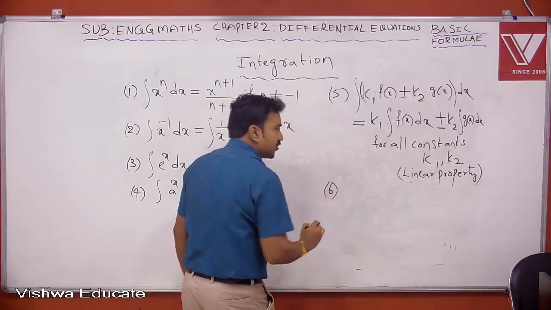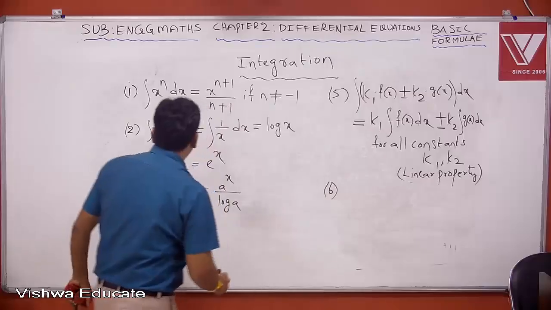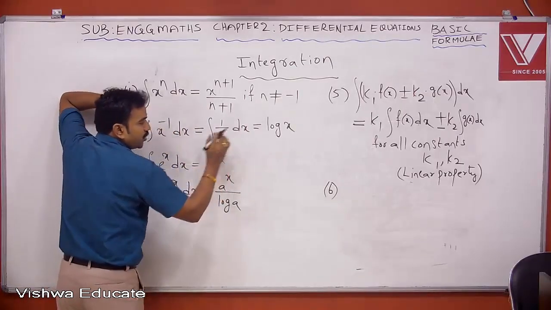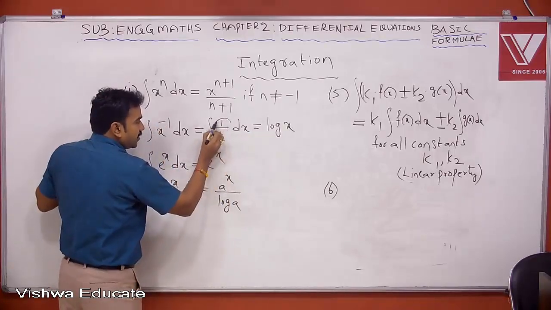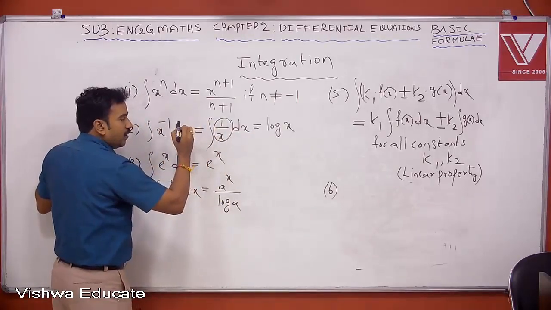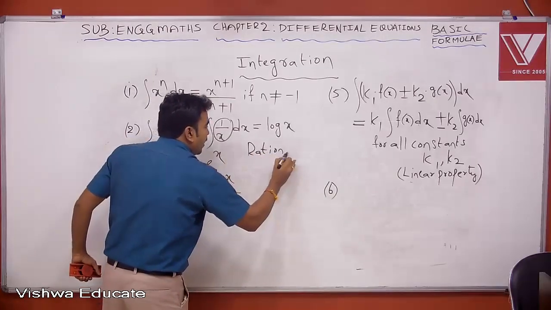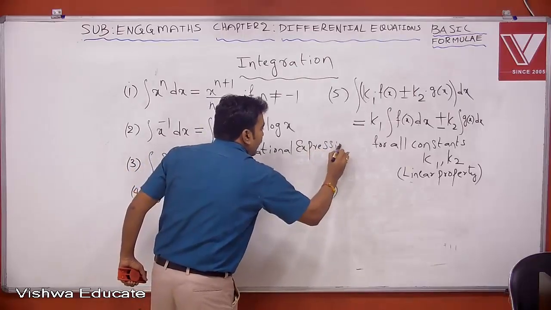Now, formula number 6. See, when you look at rule number 2, we have integral 1 by x dx equal to log x. Basically, this is a rational expression.